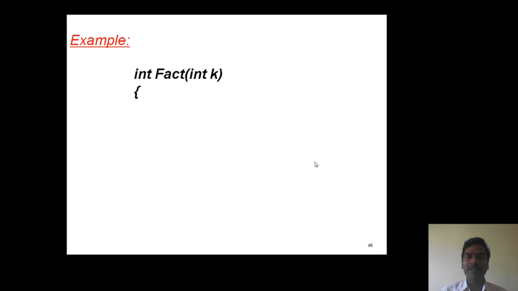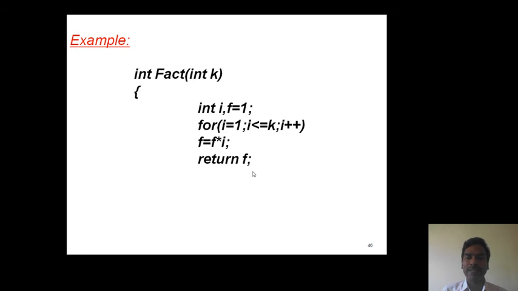Now we place the factorial logic: int i, f = 1; for i = 1, i less than or equal to k, i++; now f is updated as f = f * i. Finally we return the f value as return f. The implementation part is completed.